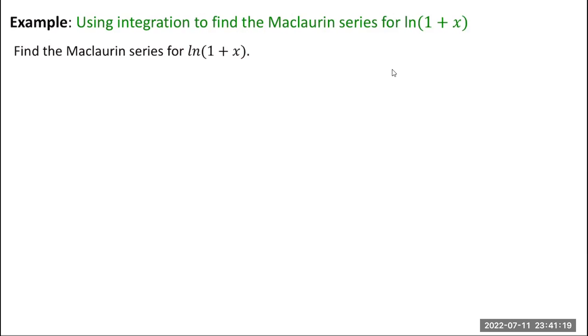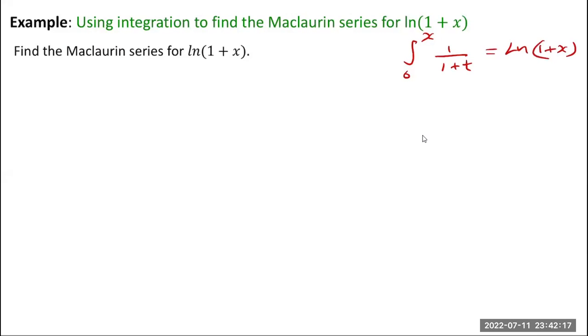Well, let's think about this function. Okay, what about this function? If we can find the Maclaurin series of this function, notice that the integral of this function, for example, integration from 0 to x of 1 over 1 plus t is exactly ln(1 plus x), right?